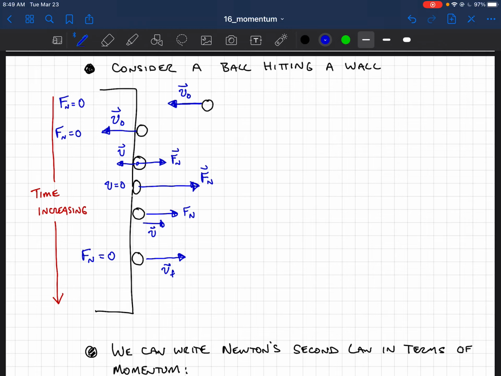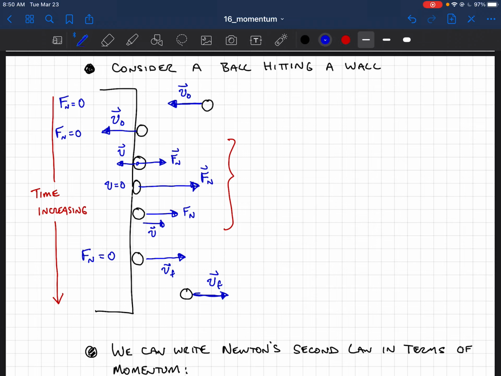So we can think about the ball coming in and hitting the wall, and it starts out with some initial velocity to the left, and it ends up with some final velocity to the right. And the reason that it changes its velocity from leftward to rightward is because there was an impulse delivered by the force over this period of time.